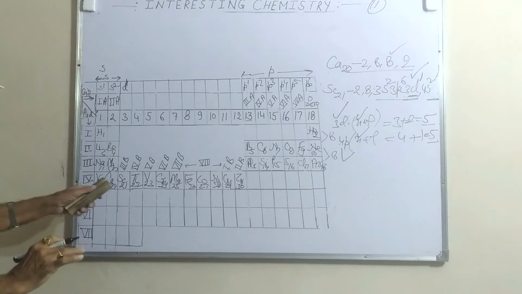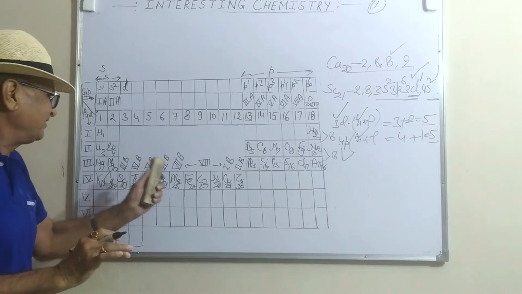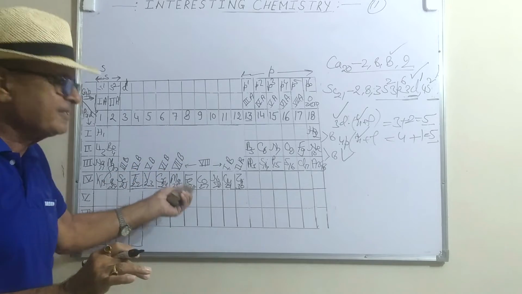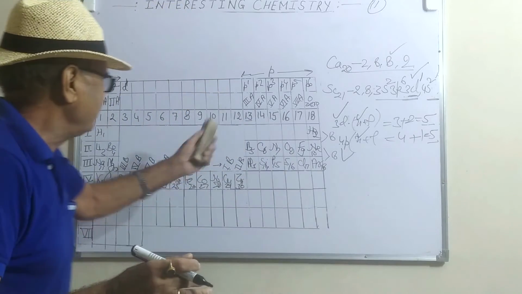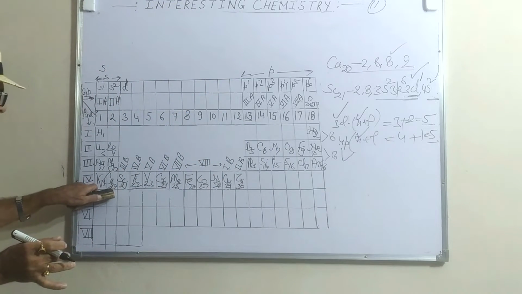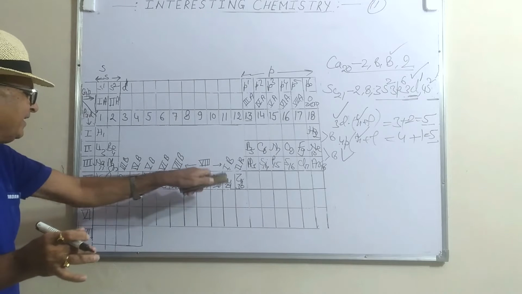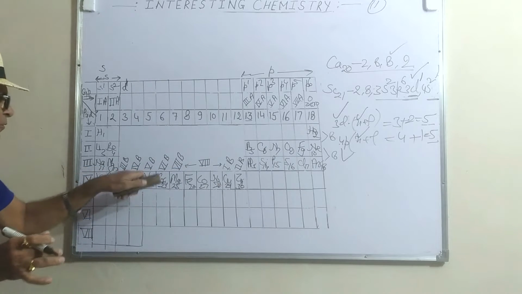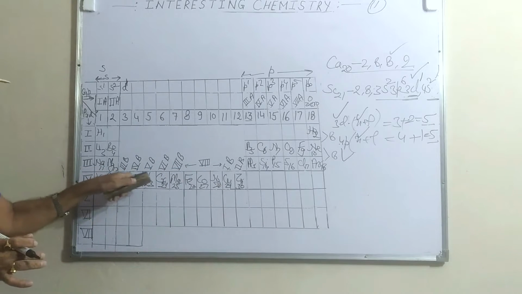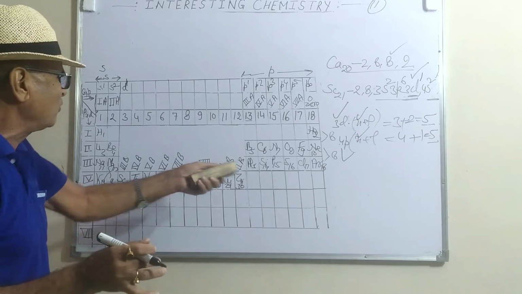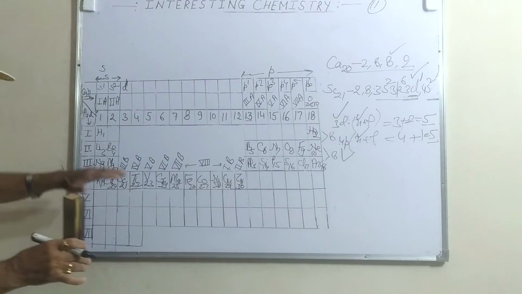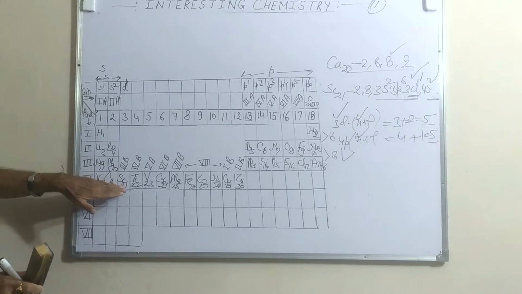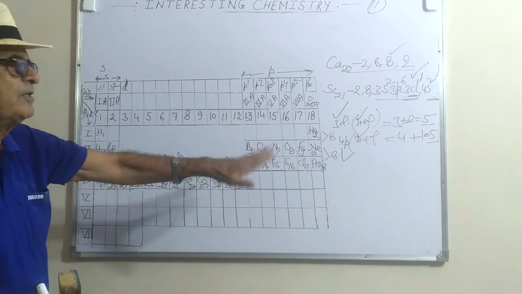Please remember these. From this you can remember all the elements. Up to calcium 20, you know very well. Only 10 elements you have to remember: scandium, titanium, vanadium, chromium, manganese, iron, cobalt, nickel, copper and zinc. The atomic number will be in ascending order.